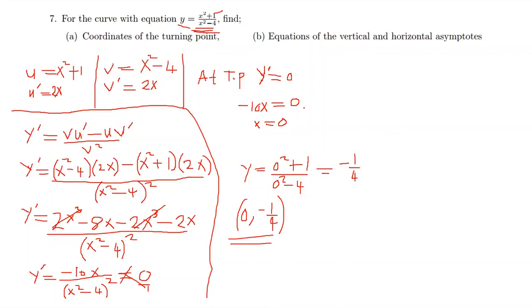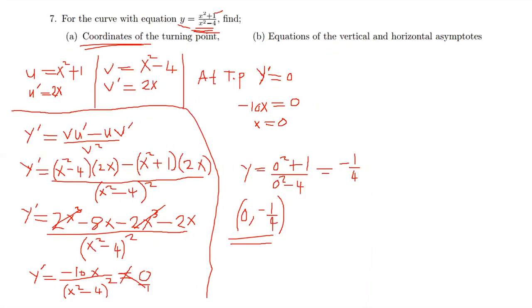I don't know if you guys have any questions about this question before we proceed to the vertical and horizontal asymptotes. But what you should just understand on this question is that when you've been asked to find the coordinates of the turning point, you just find dy dx. Then after finding dy dx, equate your solution to 0 and then find the values of x.